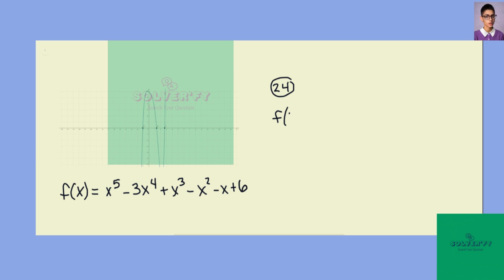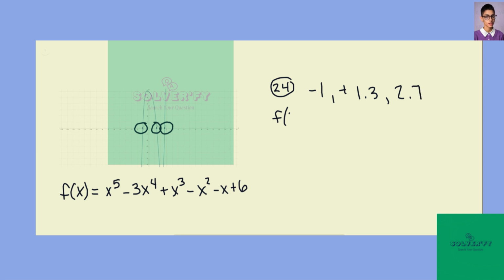And you can see here that our points of interest are at approximately -1, positive 1.3, and 2.7.